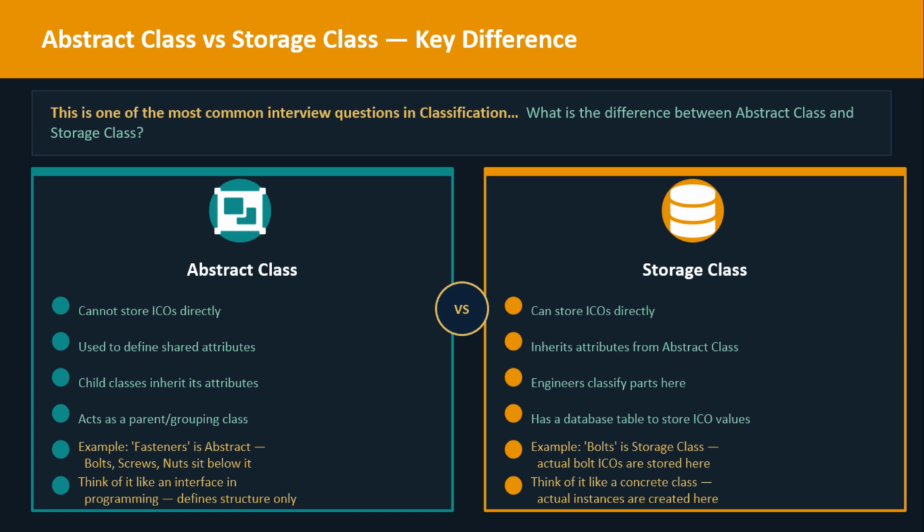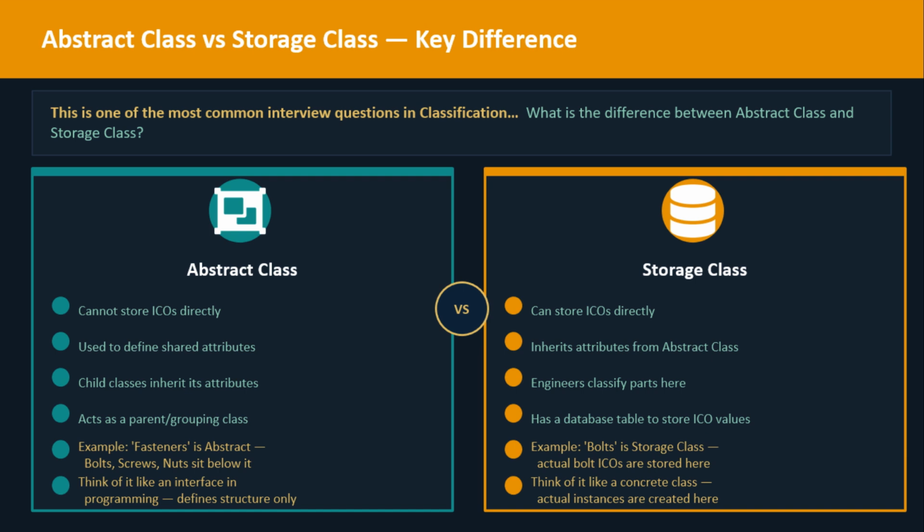A storage class can store ICOs directly. It inherits attributes from the abstract class. Engineers classify actual parts in storage classes. It has a database table to store ICO values. Each row is one ICO, each column is one attribute. For example, bolts is a storage class.